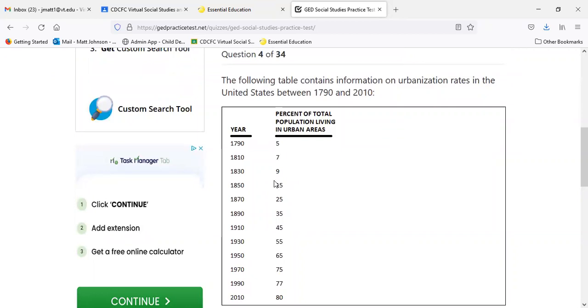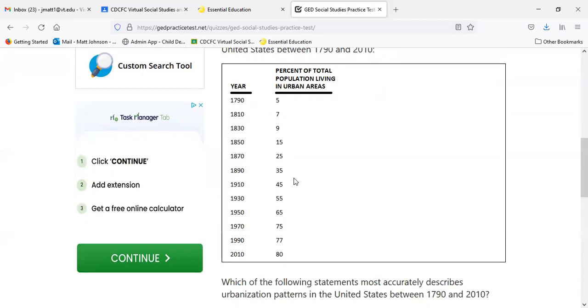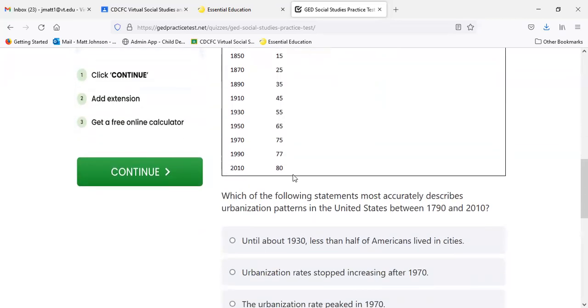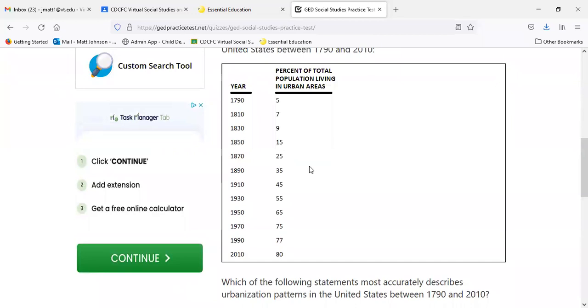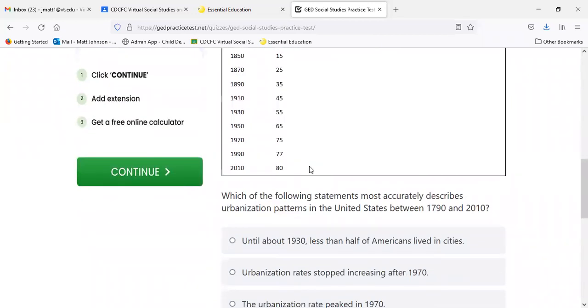So 1790, only 5% of the total population lived in urban areas. Everybody else lived in rural communities. And then you could see every year that it increases until 2010. 80% of Americans now live in an urban area.